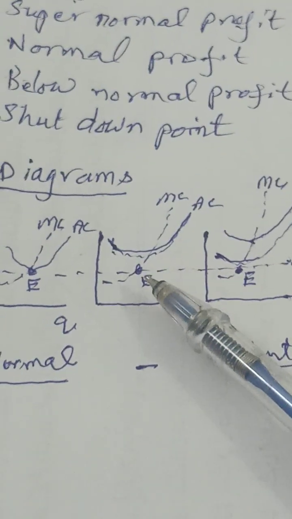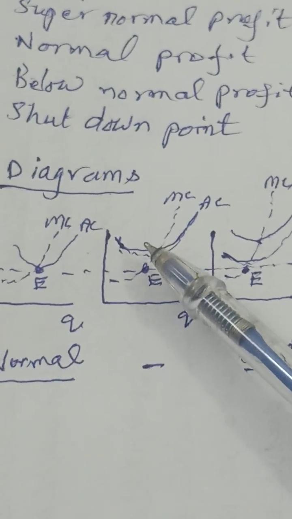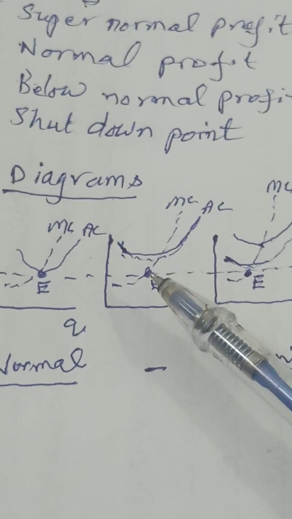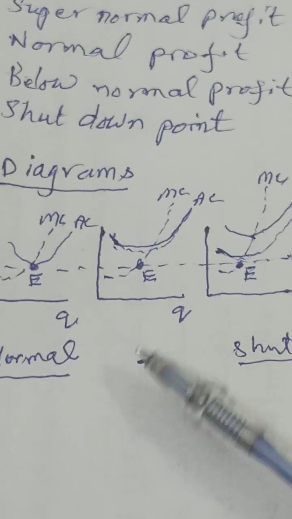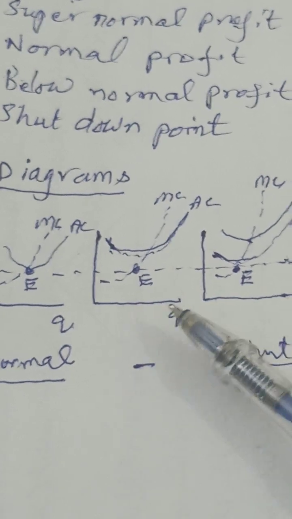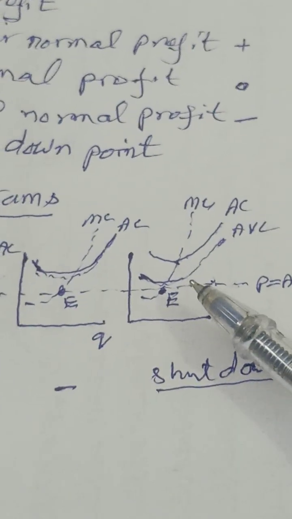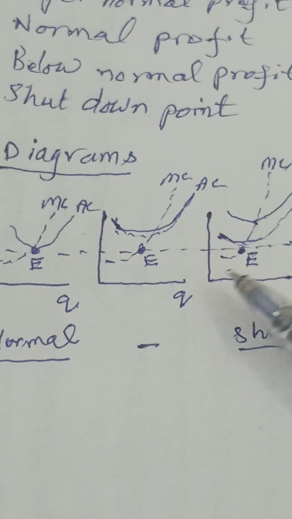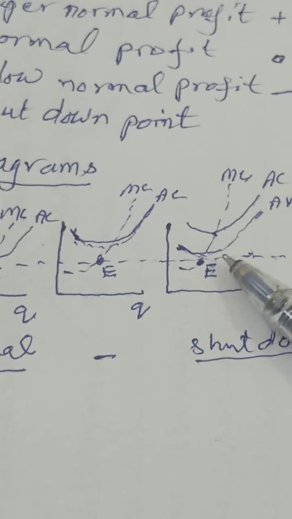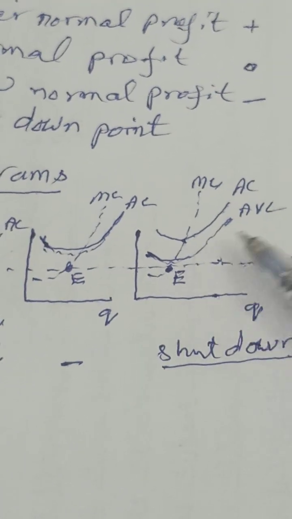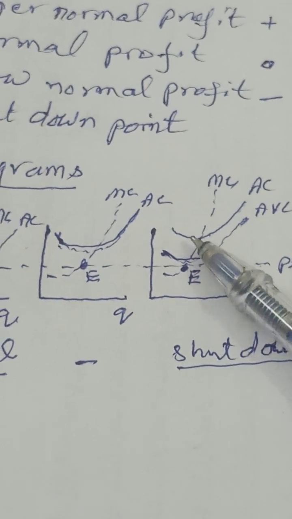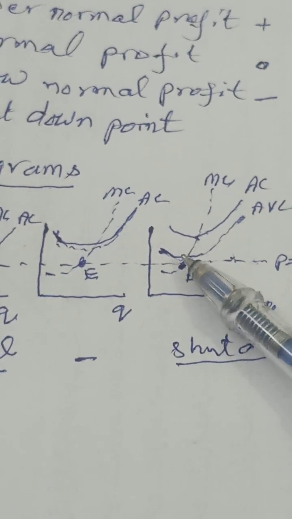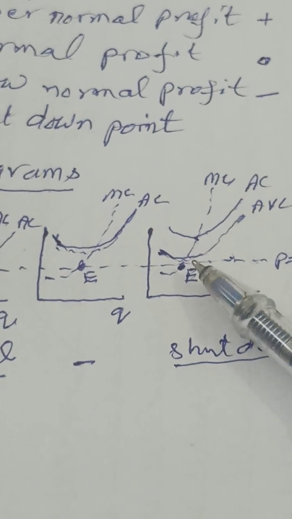And at this equilibrium point, average cost is higher than the price, which means there is negative profit or loss. And finally, at point E, price is equal to the minimum of average variable cost. All the fixed costs are facing loss by the firm.